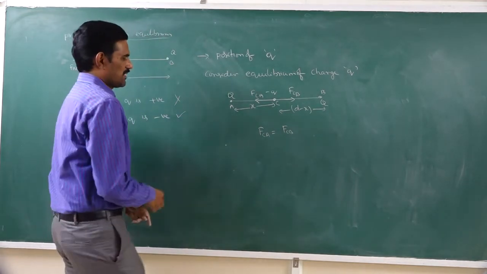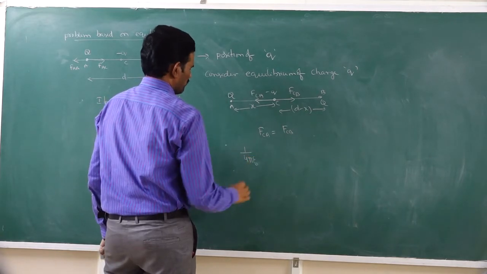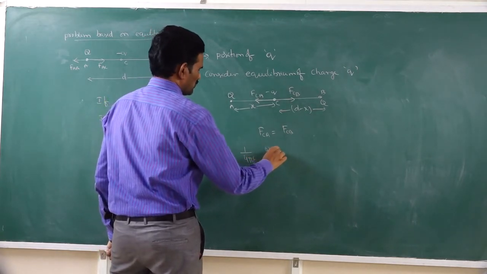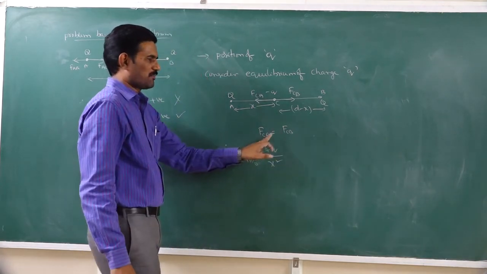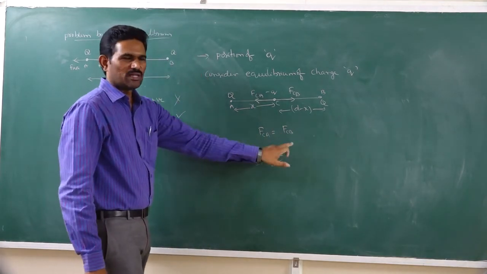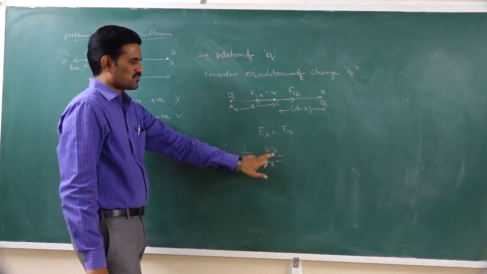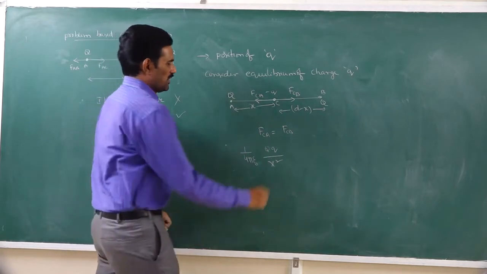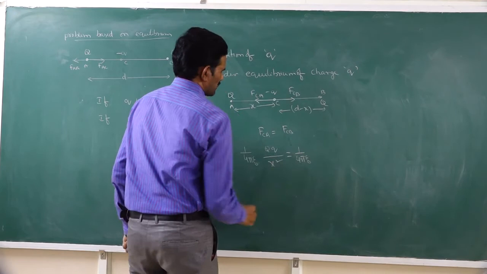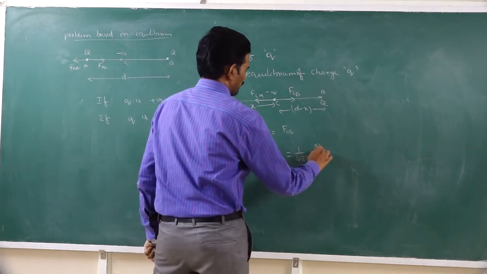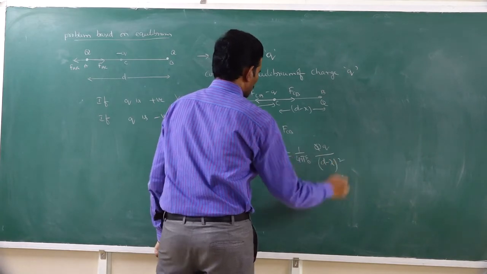So when they are equal in magnitude, we can write the expressions for that. 1 by 4 pi epsilon naught, capital Q into small q by x square. Here we are equating the magnitude only. When you are equating the magnitude, there is no need of substituting the negative sign. We only substitute the magnitude of the charge. And this value must be equal to 1 by 4 pi epsilon naught, capital Q into small q by d minus x whole square.